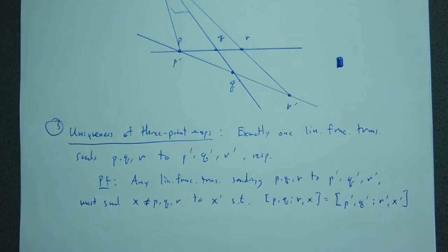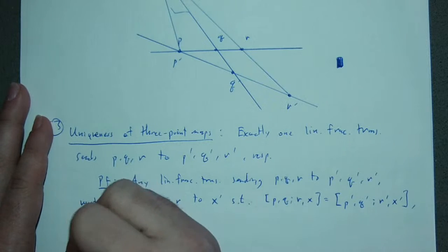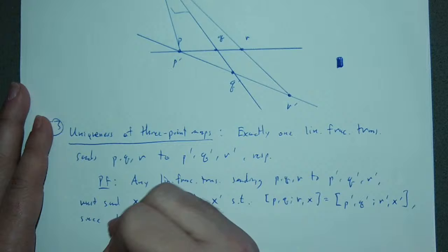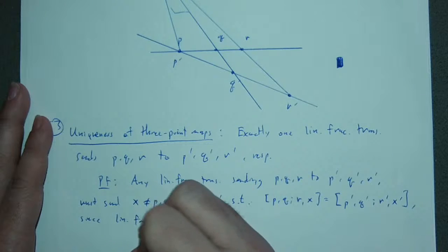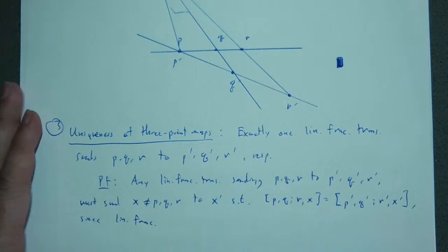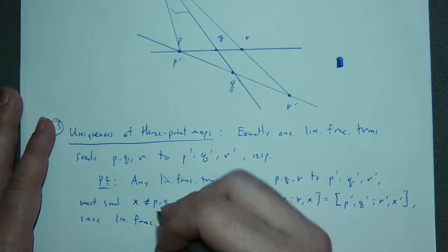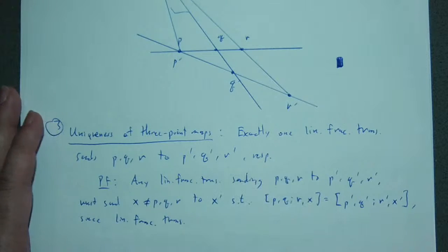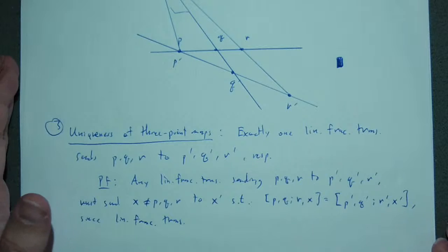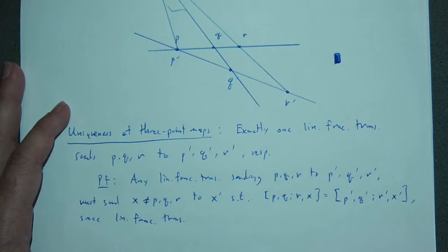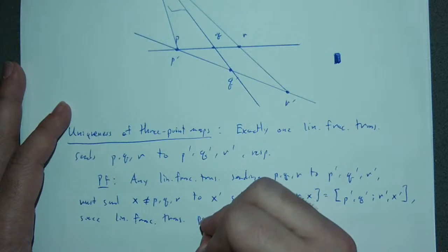Okay. And this is since linear fractional transformations preserve the cross ratio. Since cross ratio is a projective invariant, this is the definition of that. All right, but we proved this, of course, on Monday. So since linear fractional transformations preserve the cross ratio.